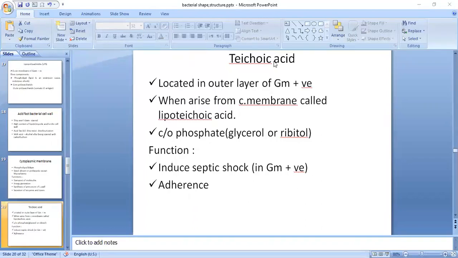So one of the functions of the teichoic acid fibers is the induction of the septic shock in the gram-positive bacteria, and they also act as an adherent agent. They cause the adherence to the adjacent host cells. The bacteria adhere to the host cells by the teichoic acid fiber.